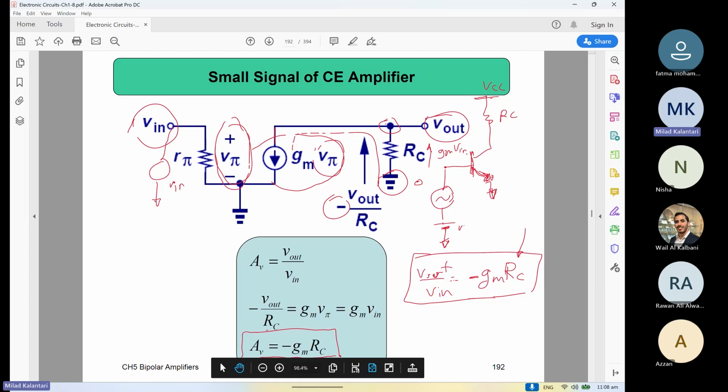Is gm under control? Isn't it? What is the gm value? How do we calculate the gm? Yes, right? This IC over VT. Is this under control or not?